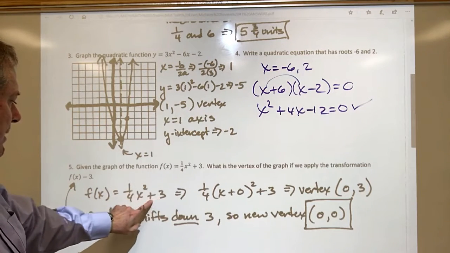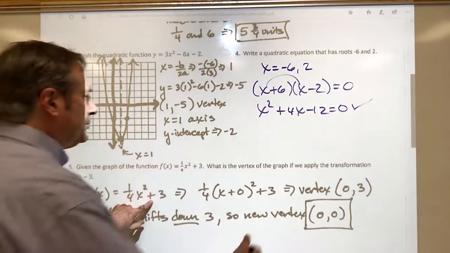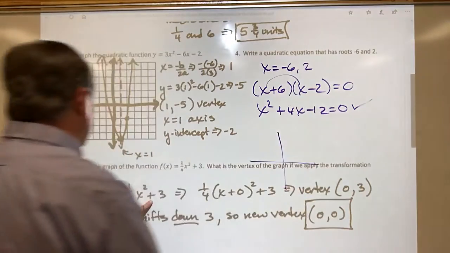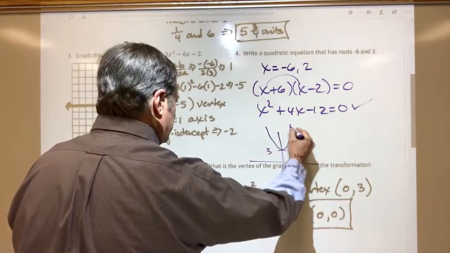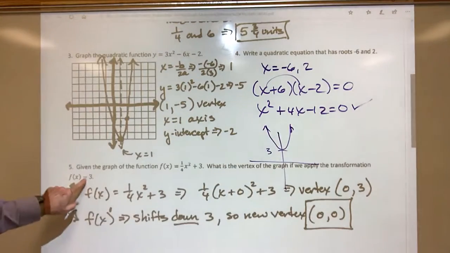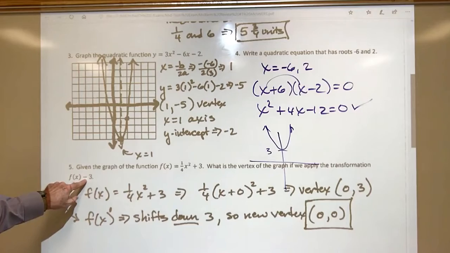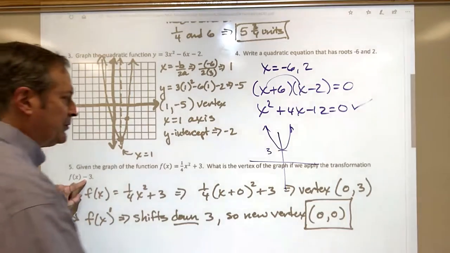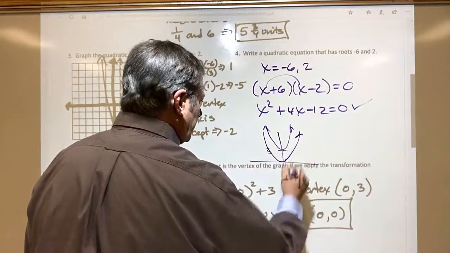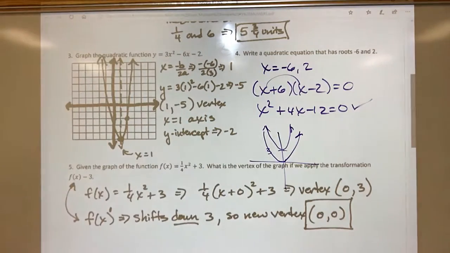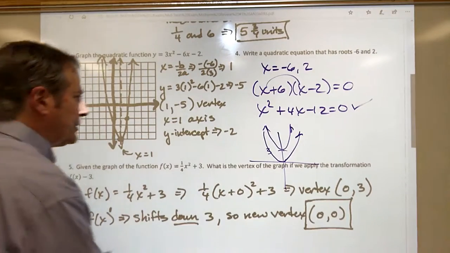Here we know that this thing is going to be, I'm going to draw a sketch right here, up here at +3. And now we want it down at -3 from there. So where is it going to land? Well, 3 units down from that would be at 0, 0. All right, let me erase that and we'll get to the next one.